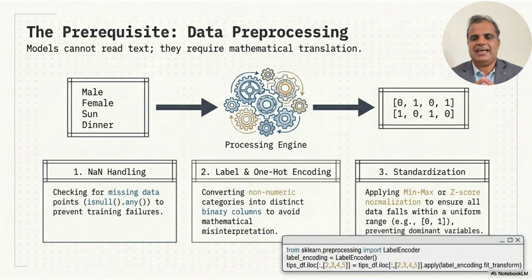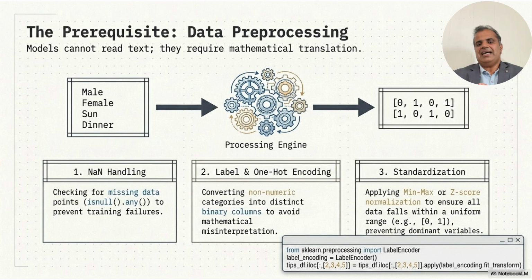Before a model can execute any classification, we must address a fundamental reality. Mathematical models cannot read raw text. They require digital numerical vectors, so data preprocessing is the first necessary step. We execute this through these essential steps.